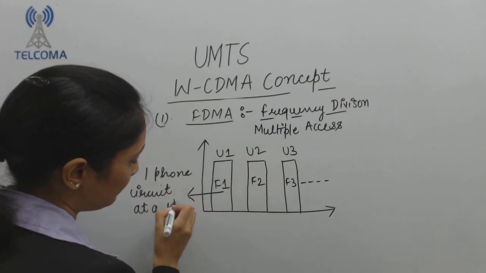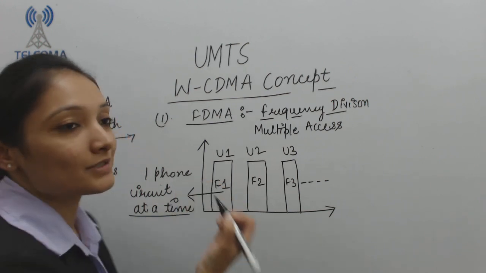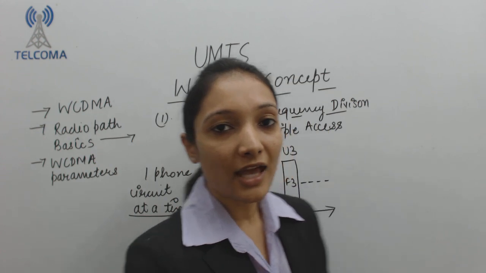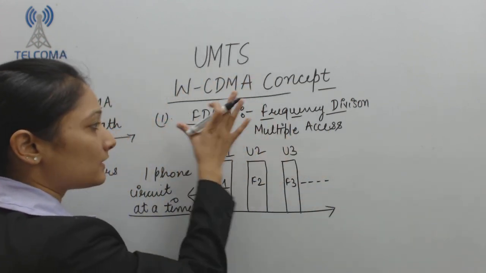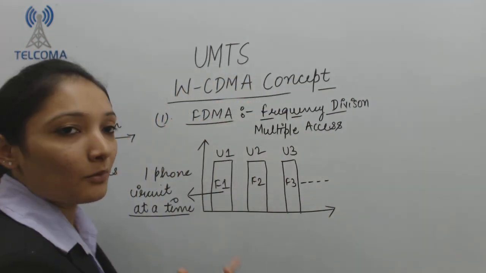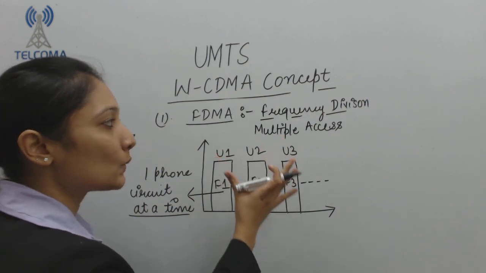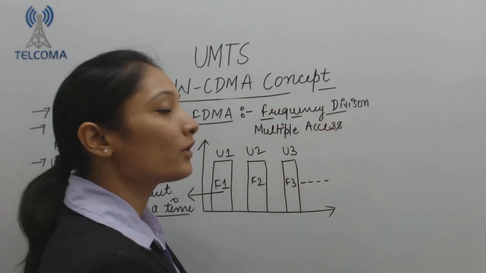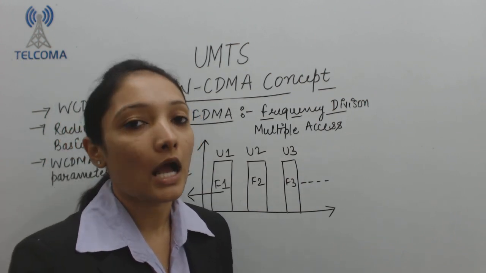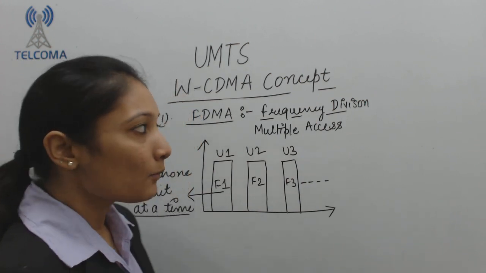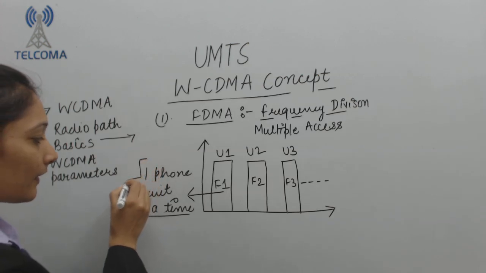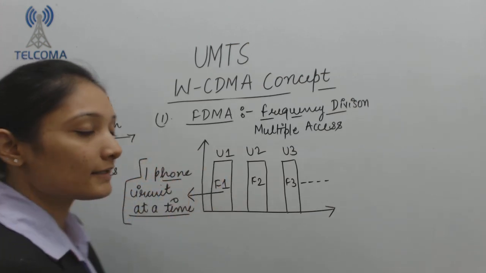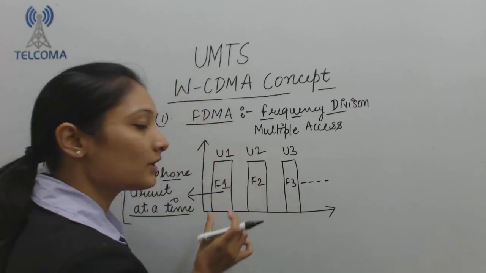So if the connection is idle, that means frequency resources are wasted. So this technology does not include a large number of users because frequency is a limited resource. So it cannot accommodate more users. It cannot support a large amount of traffic. Moreover, it doesn't support simultaneous users for a particular channel.